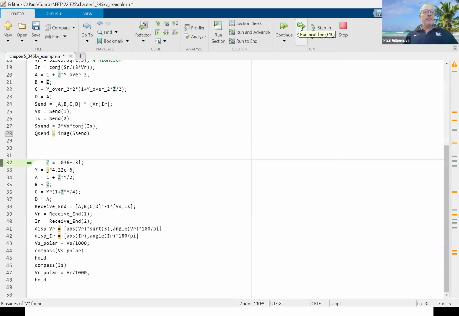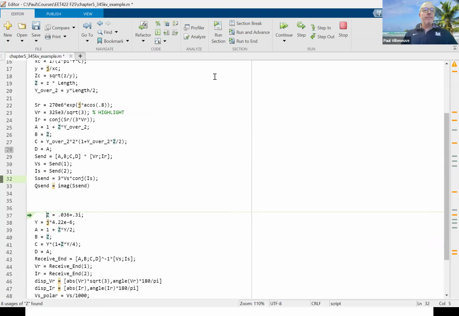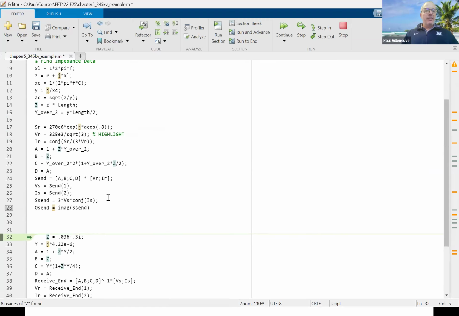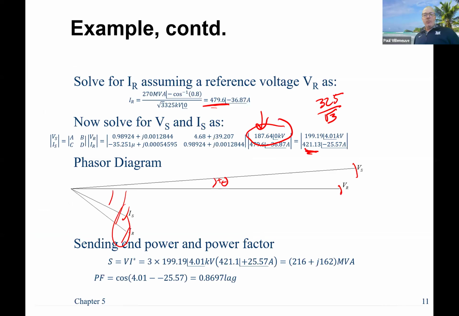Let me just double check. That's 3V times I. Yeah, there may be a typo in the notes because this is 270. Excuse me, this is the power factor. I is equal to the conjugate here. Yeah, so maybe I have a typo in the notes because it looks like it's slightly less than the 162.